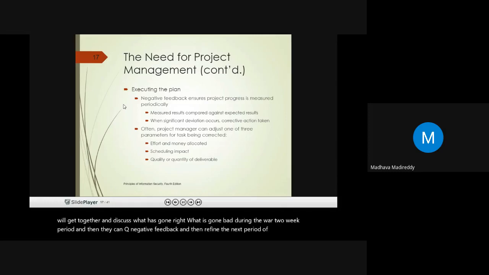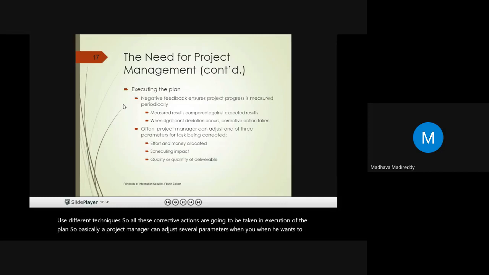So that's why the measured results can be compared against what is expected of them, and they can ask: do they need to work hard, do they need to work smart, do they need to use different techniques. All these corrective actions are going to be taken in execution of the plan. Basically, a project manager can adjust several parameters when he wants to change the task.